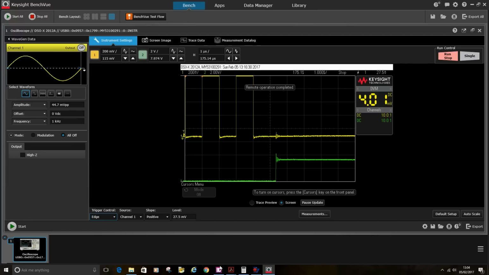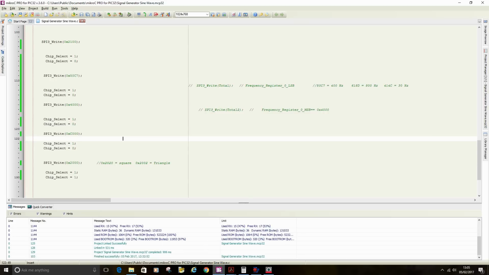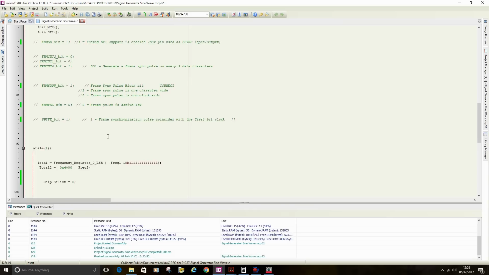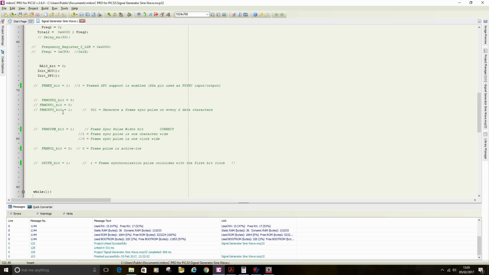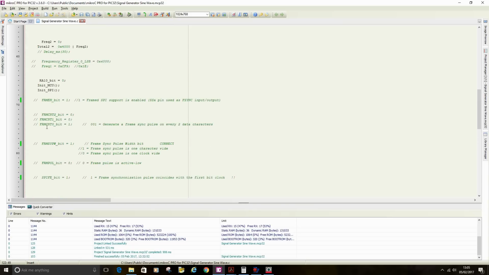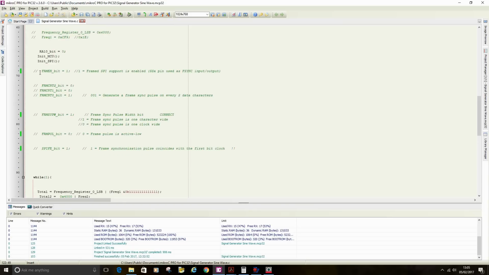So the answer is go to frame select, let the Microchip and MikroElektronika's compiler, which is all set up, do the frame select. So if I show you, get the SPI data sheet for Microchip, and it tells you about these frame support bits.